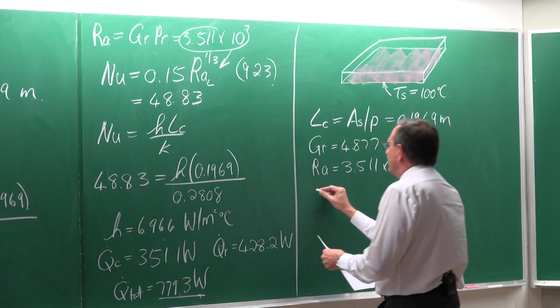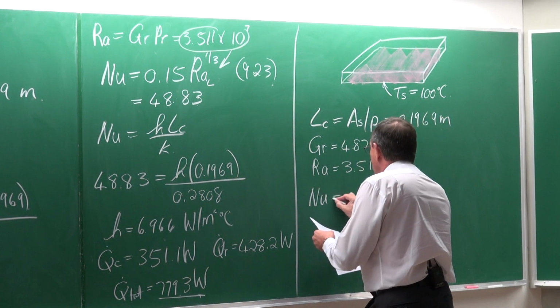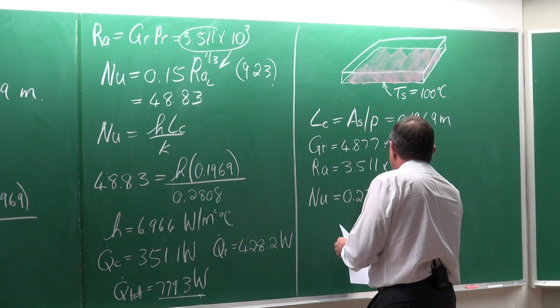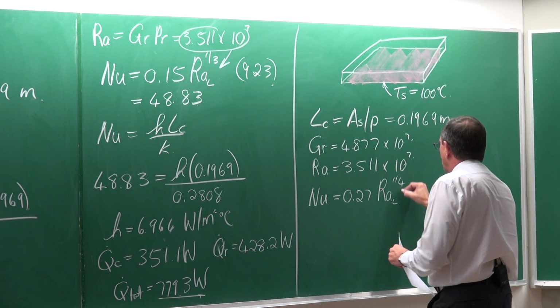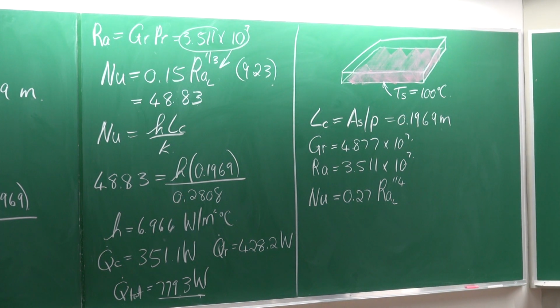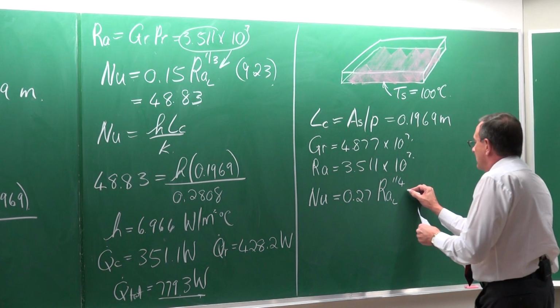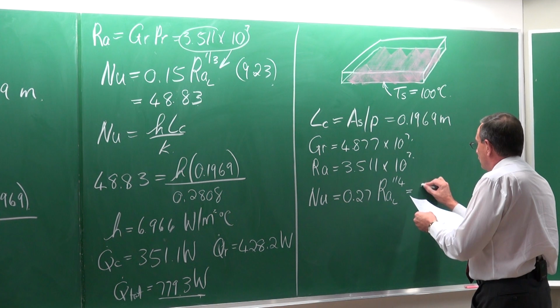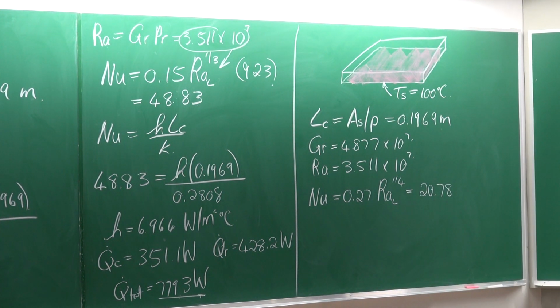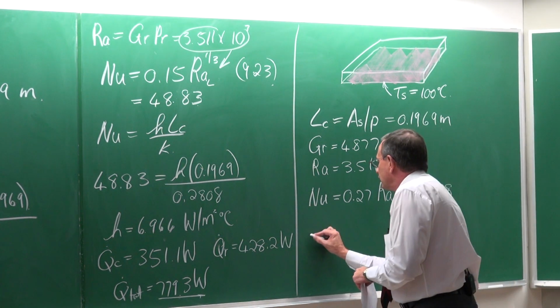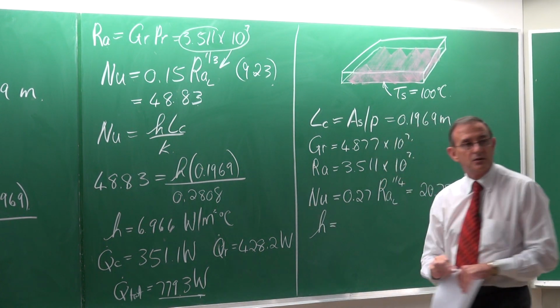And the equation to be used, the Nusselt number is equal to 0.27 multiplied by Rayleigh based on the length to a quarter. Different equation. The Nusselt number is going to be 20.71. The heat transfer coefficient we can get from the Nusselt number.